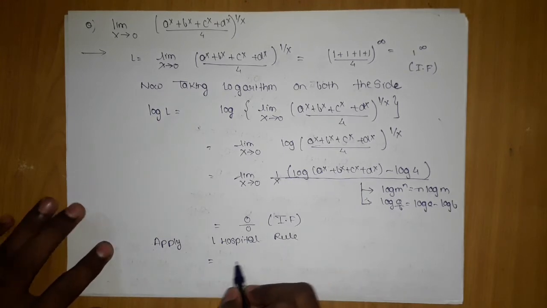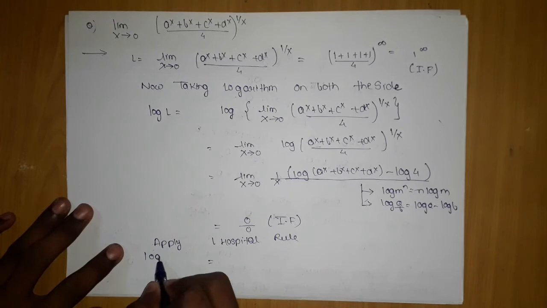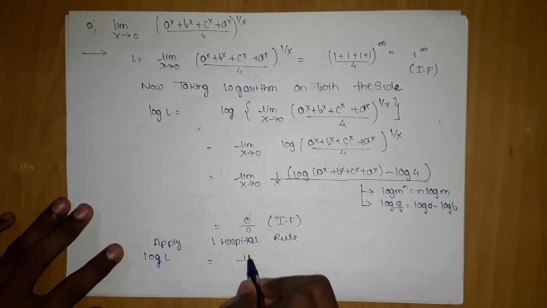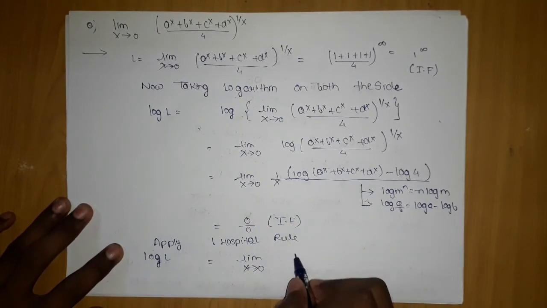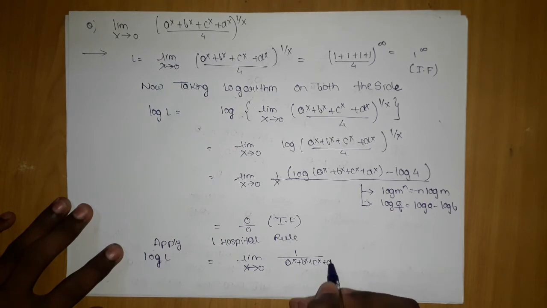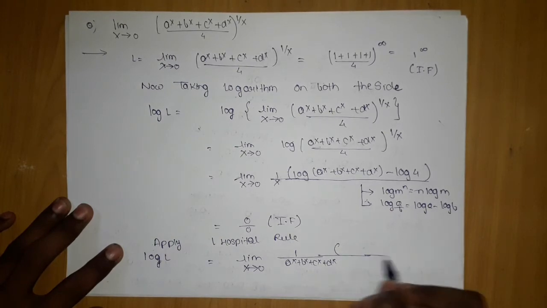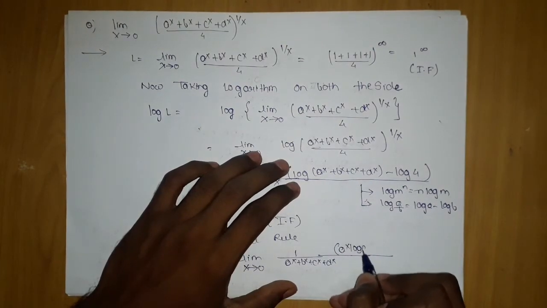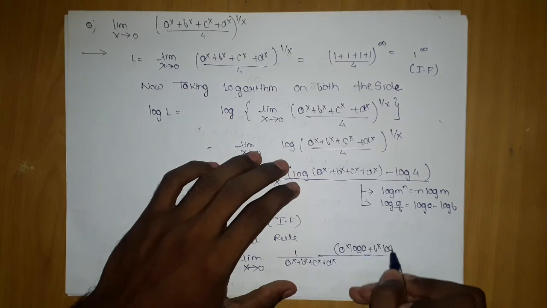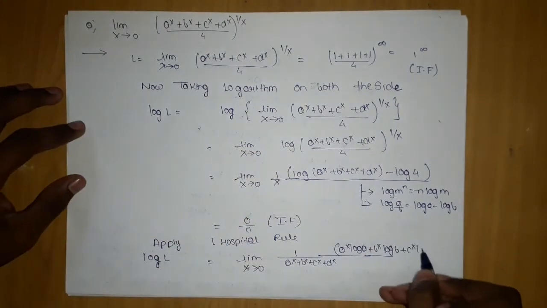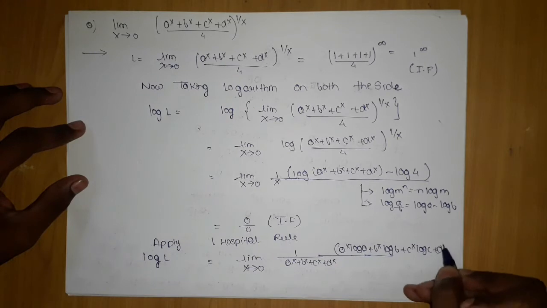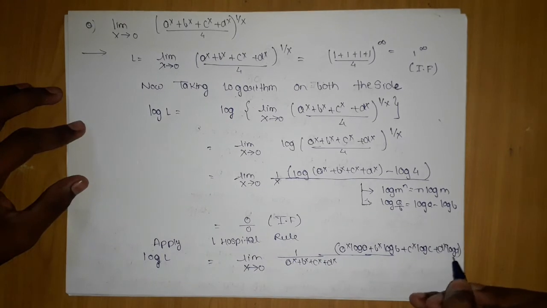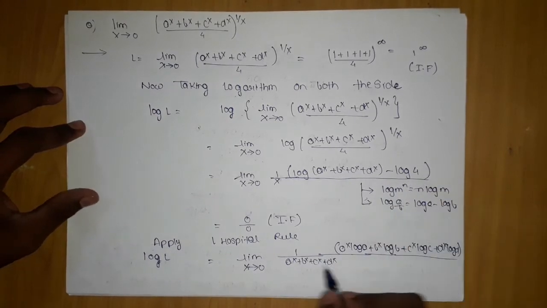What do you get? If I apply L'Hopital's rule, don't differentiate here, okay. In L'Hopital's rule, we differentiate the numerator and denominator. If I differentiate the numerator, I will have a^x log a plus b^x log b plus c^x log c plus d^x log d, and the log 4 term will become 0.